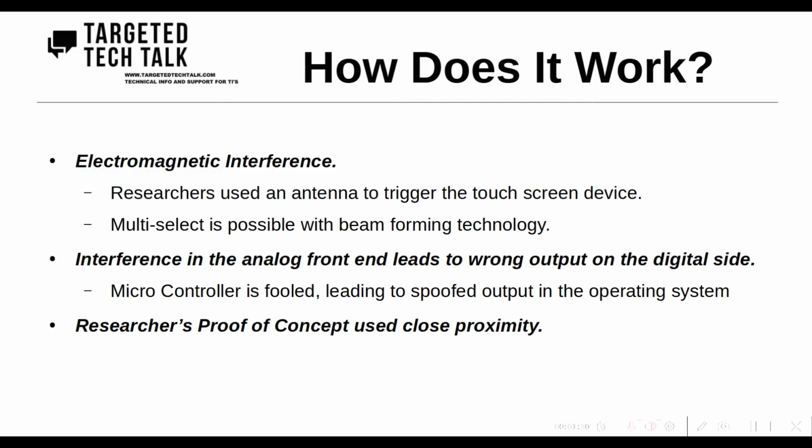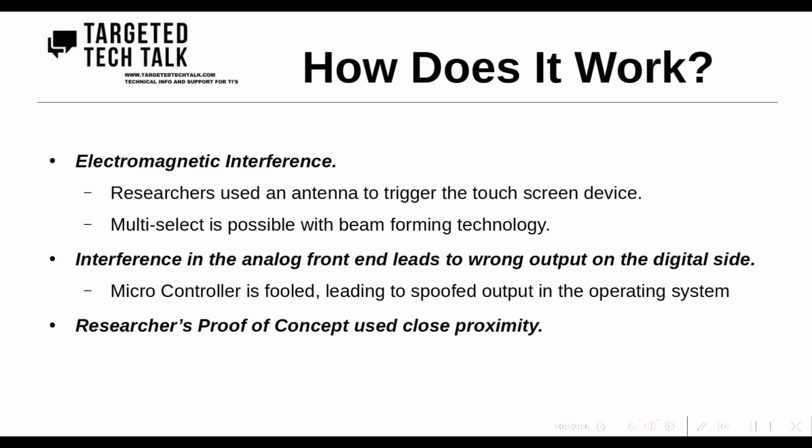Interference in the analog front end of the touchscreen device leads to the wrong output on the digital side. So the touchscreen is connected to analog sensors, and those feed into a microcontroller, which is fooled by this electromagnetic interference. It basically uses the antenna static/electromagnetic interference to simulate the effect of a touch.